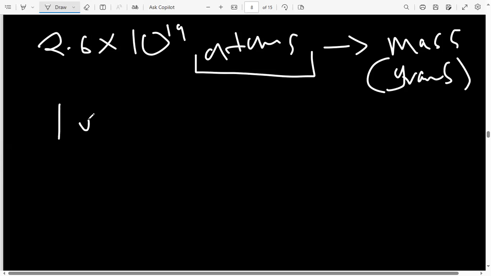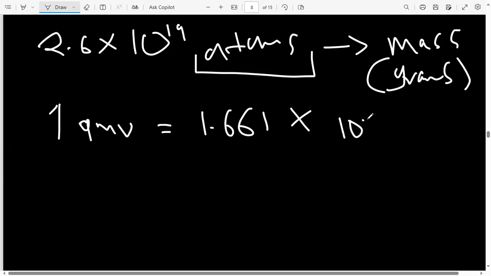We said one atomic mass unit is equal to 1.661 multiplied by 10 to the power minus 24 grams. So this was the first relationship that we established.